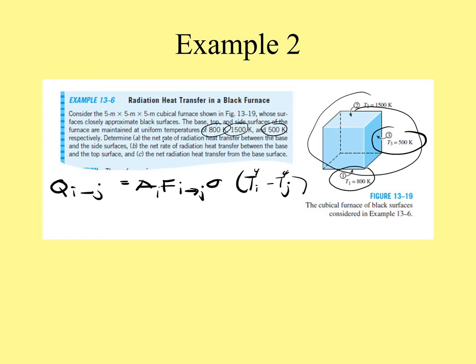For the first question, you need to calculate the net rate of radiation heat transfer between the base and the side surface, which is 1 to 3. So you need to calculate Q1 to 3.